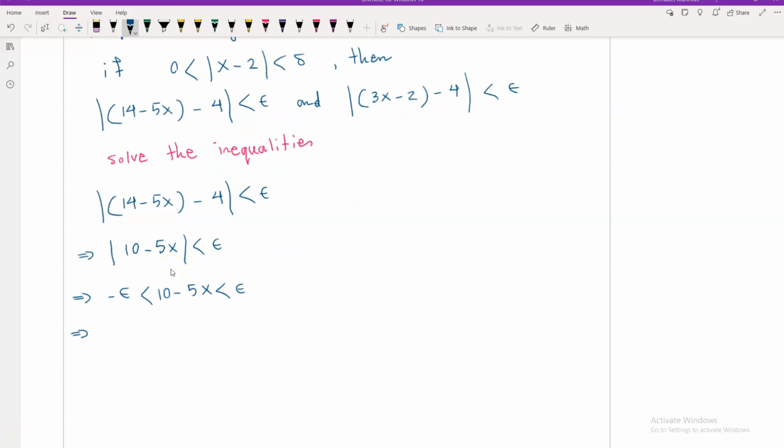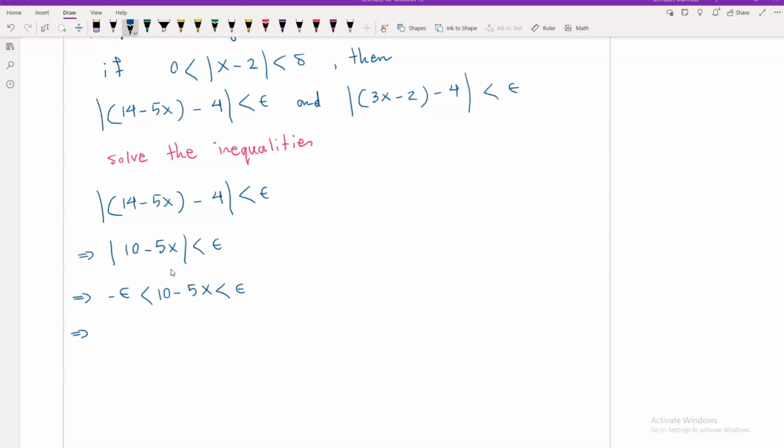Here we simplify like terms, so 14 minus 4 is 10. We have 10 minus 5x inside the absolute value, that is less than epsilon. But inside the absolute value, 10 minus 5x is between negative epsilon and positive epsilon.